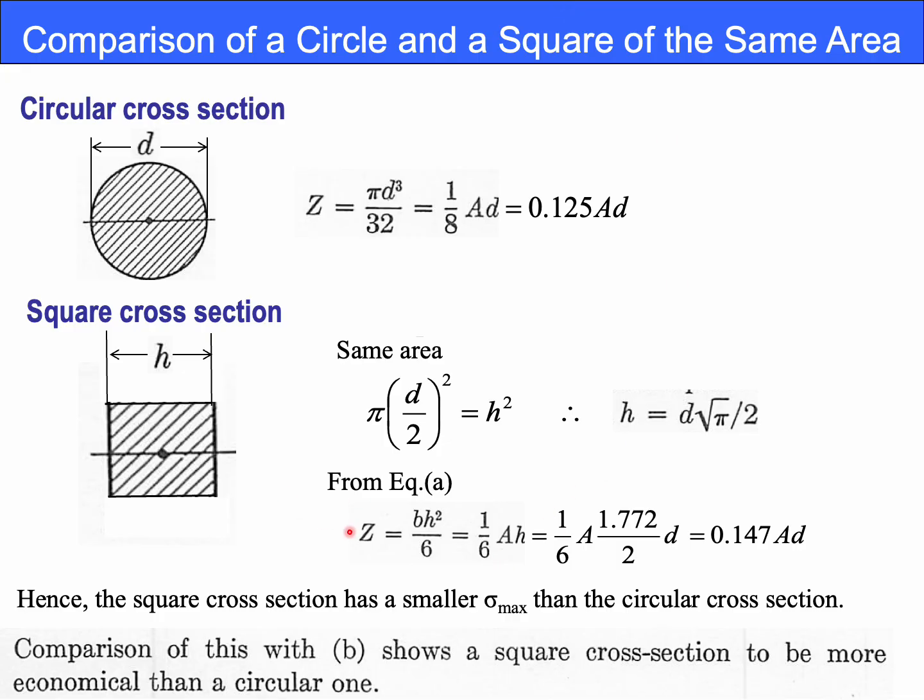Then, using the rectangle formula with b equals h, we have the section modulus Z equals bh squared over 6 equals 1 over 6 times Ah. h is converted to d, so 1 over 6 times A times 1.772 over 2 times d makes 0.147 Ad.